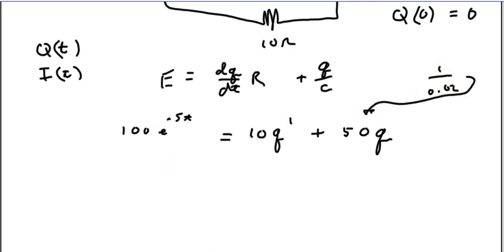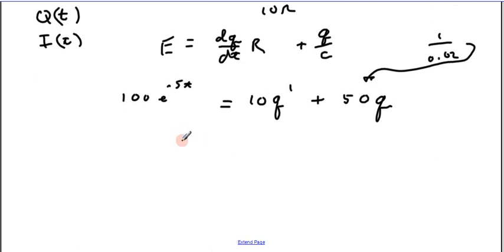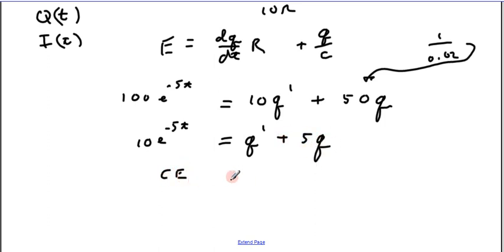So I've got a differential equation. I can divide everything by 10, so I will: 10 e to the minus 5t equals q prime plus 5q. I have a characteristic equation, r plus 5 equals 0.